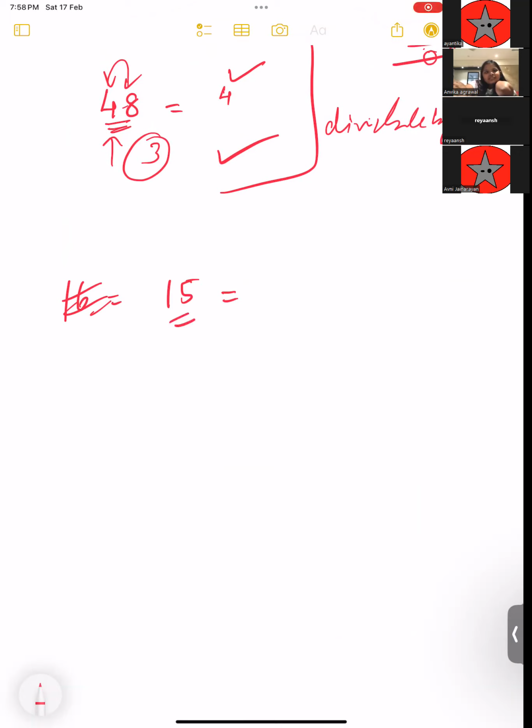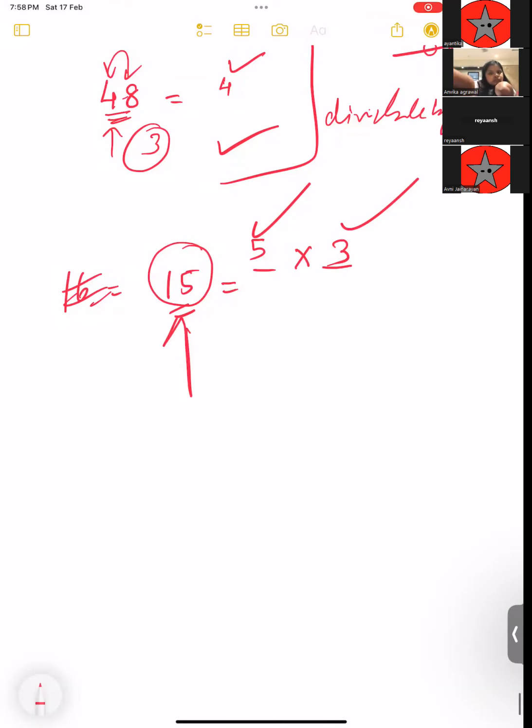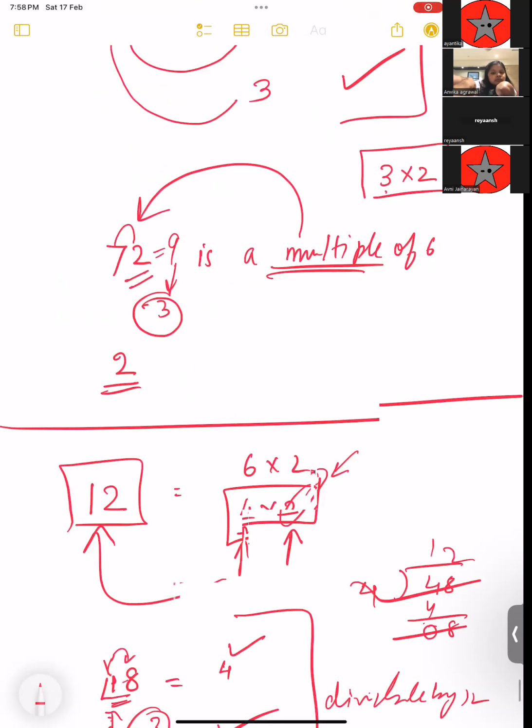Is 6 times 7 15? No, ma'am. It should be a factor of 15, and the factor has to be a prime number. Ma'am, 5 and 3? Yes. If the number is getting divided by 5 as well as 3, then it is going to be divisible by 15 also. Next was 18.